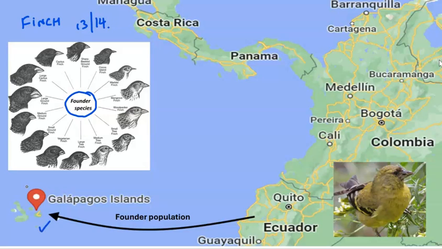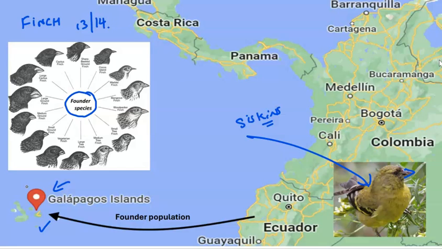And of course, in Ecuador today there are finches in the form of siskins, seed-eating birds. You can see that from the shape of the bill, which is here as a typical seed-eating bird. But out here on the Galapagos, there are 13 or 14 different species.